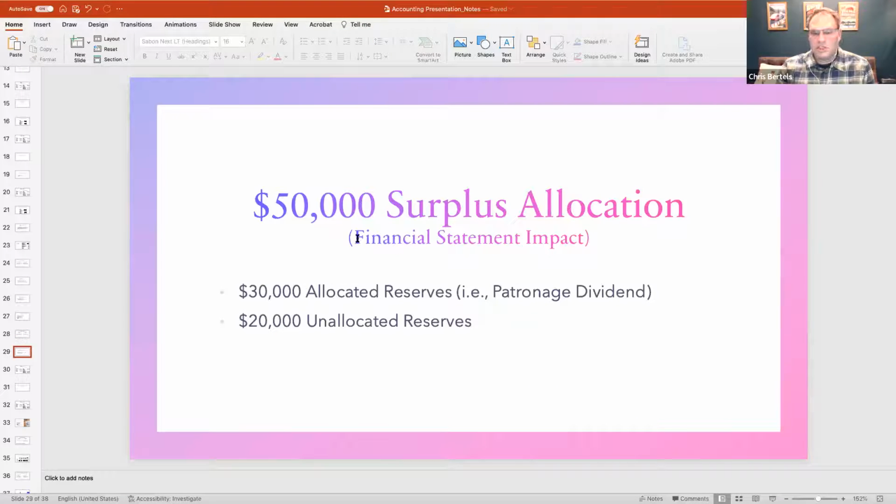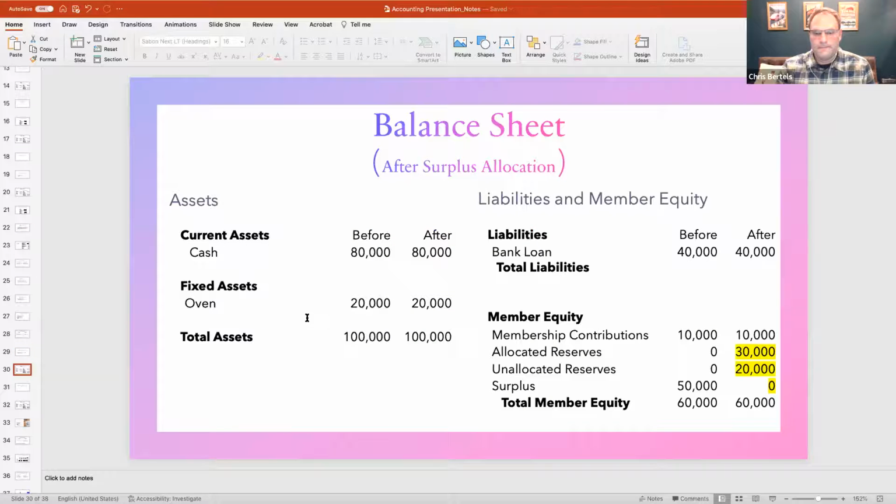Okay, so now we're going to see the financial statement impact of this $50,000 split. Before, there was $50,000 of surplus, and that was split between the allocated reserves and the patronage dividend.